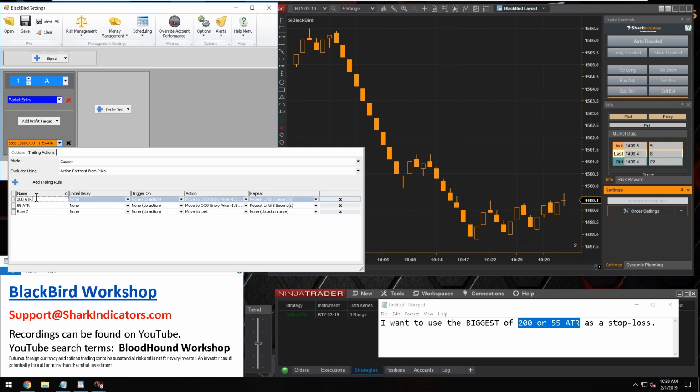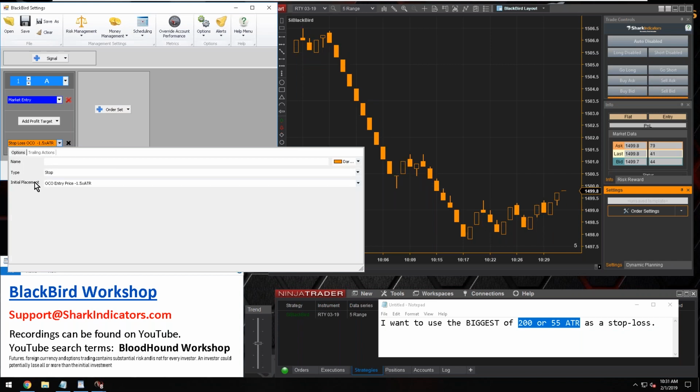It's actually a workaround for the initial placement. Those first 2 trailing rules are just a workaround for this initial placement to figure out which is the larger stop loss distance.